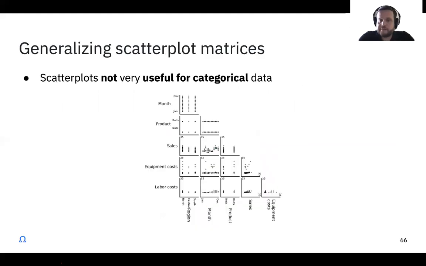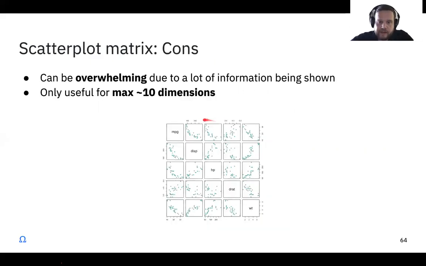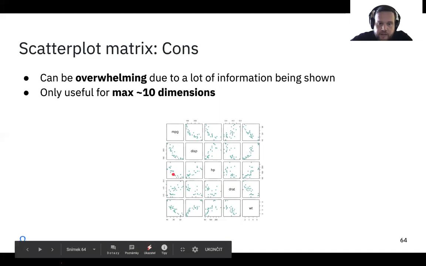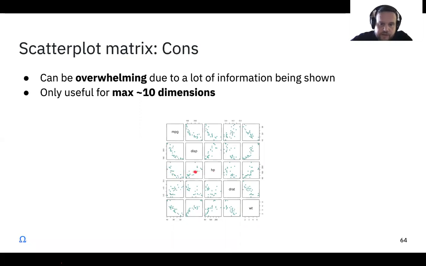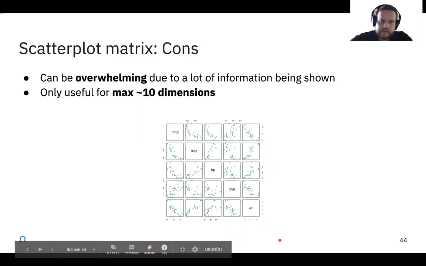So people definitely do this. One thing why somebody could make a case for repeating the same information in the top half, and that's a very accurate observation, is if you do something like row-wise reading. If you say, I am fixing the column, and I'm trying to see how it correlates with the rows, then it's good if you have the complete information here, even if it's repeated across the diagonal.